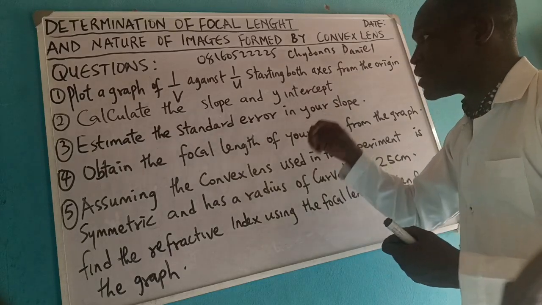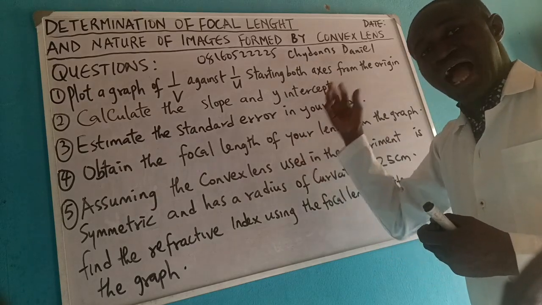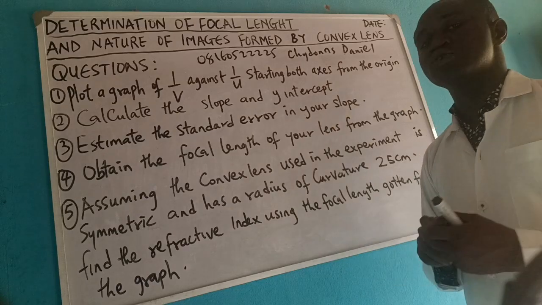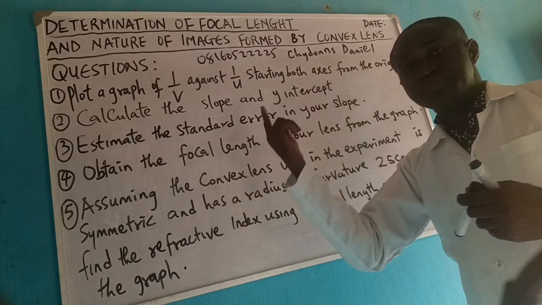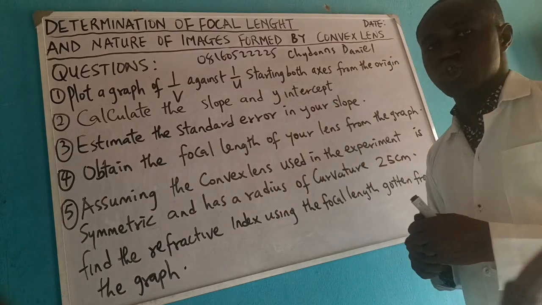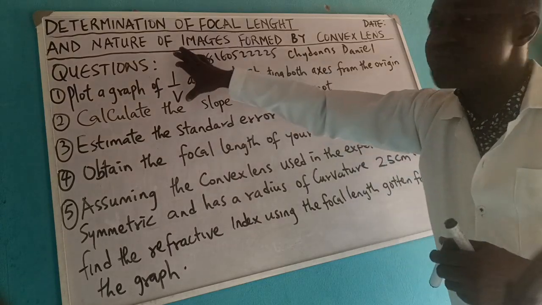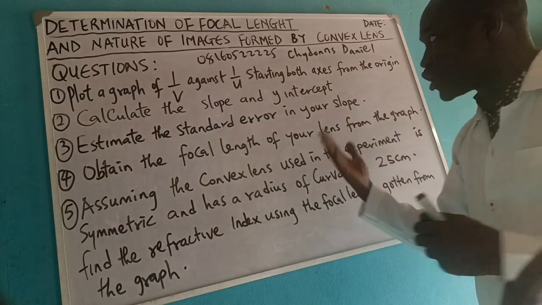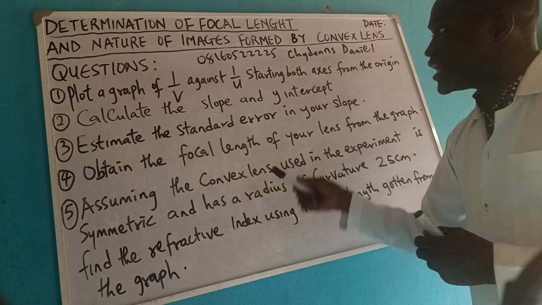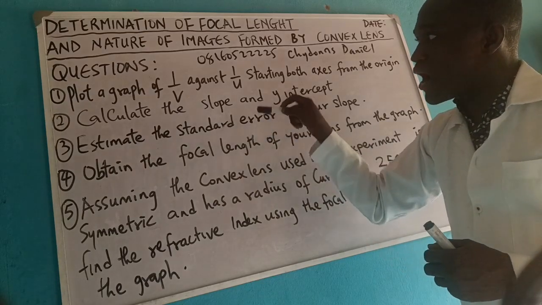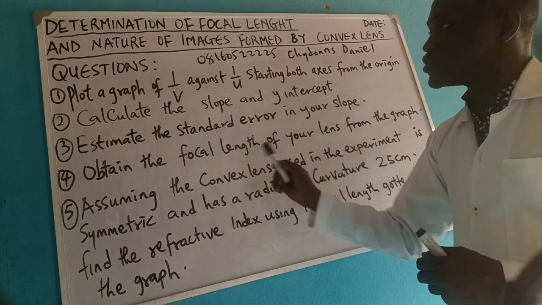If you perform this experiment live and direct, you will be able to see this magnified and this diminished image we talk about, and whether you will be getting real or virtual, depending on the location of your object. So we've been able to see that we can get magnified image and diminished image from our shortcut method. So we want to see how to do our graph and how to answer this question. Have these questions on your mind as we sort it out.